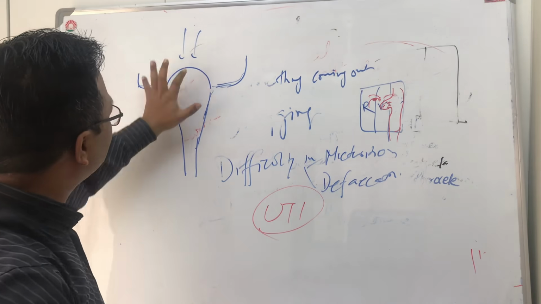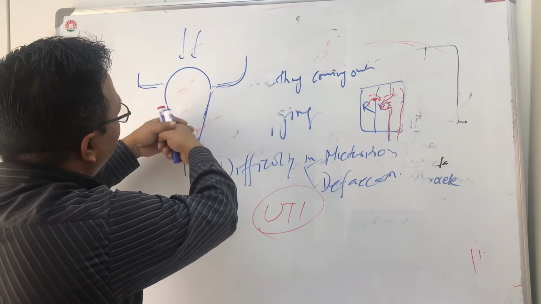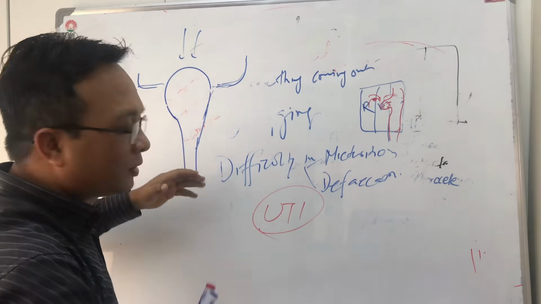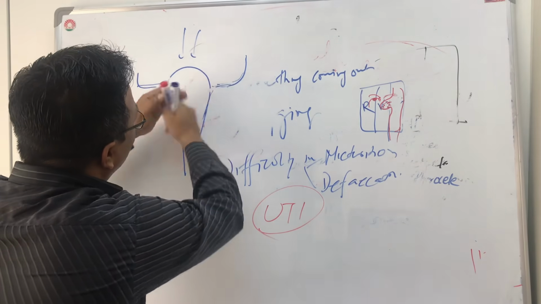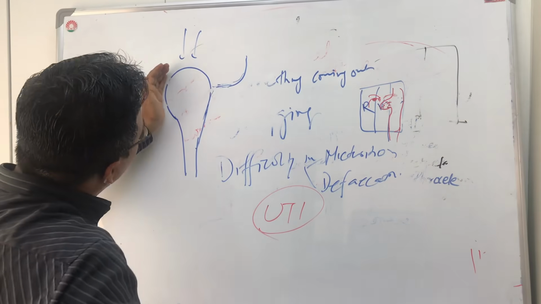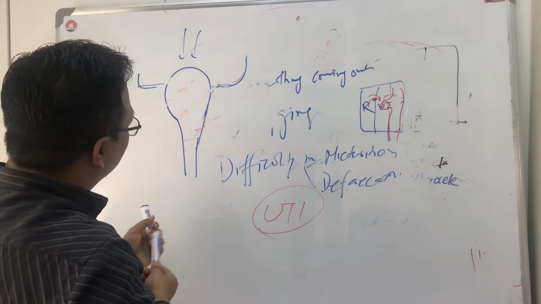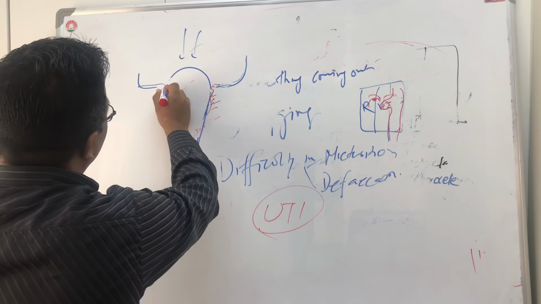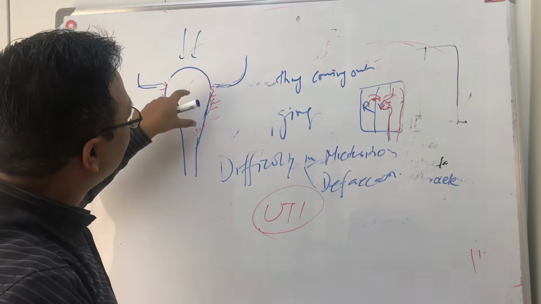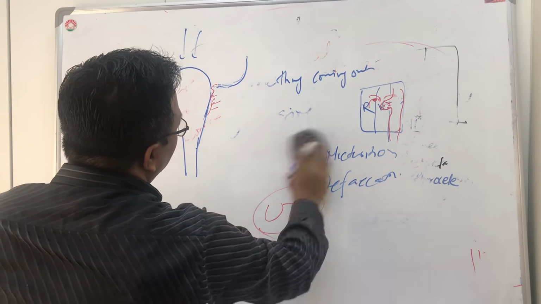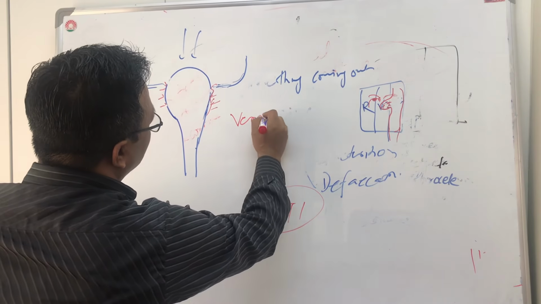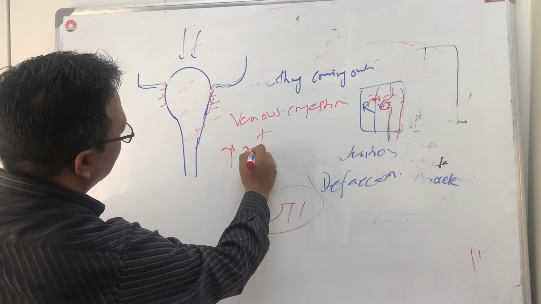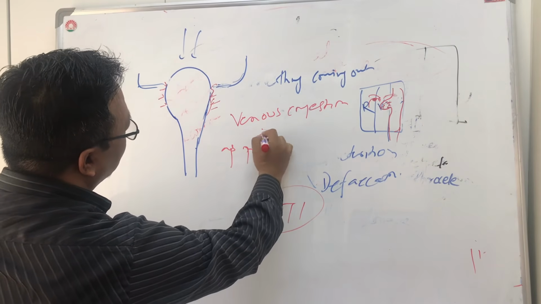The uterus is going down against some resistance, so this resistance will give continuous pressure here. Continuous pressure will occlude some veins, so there will be venous congestion due to increased pressure.